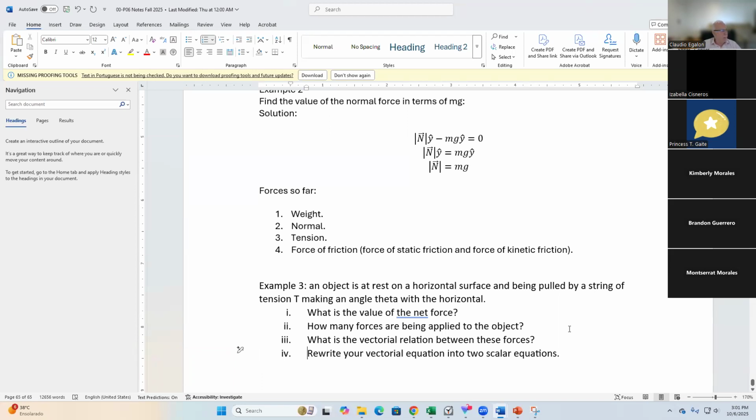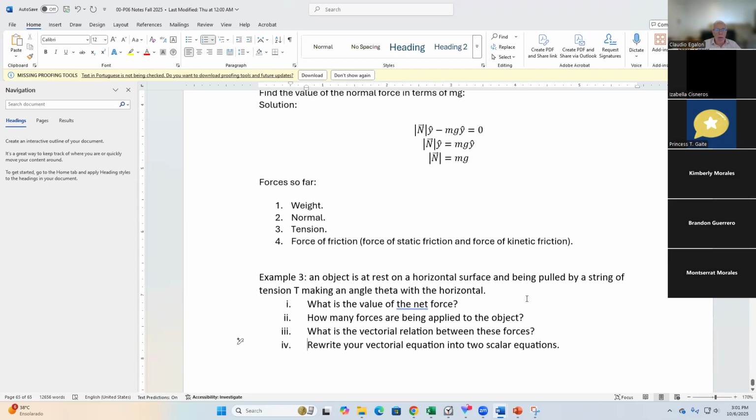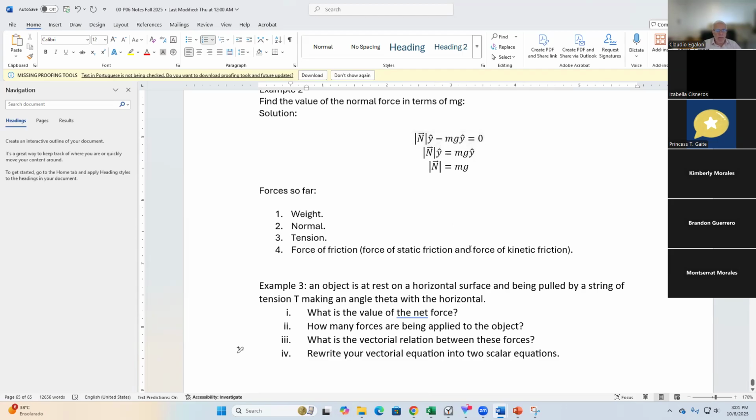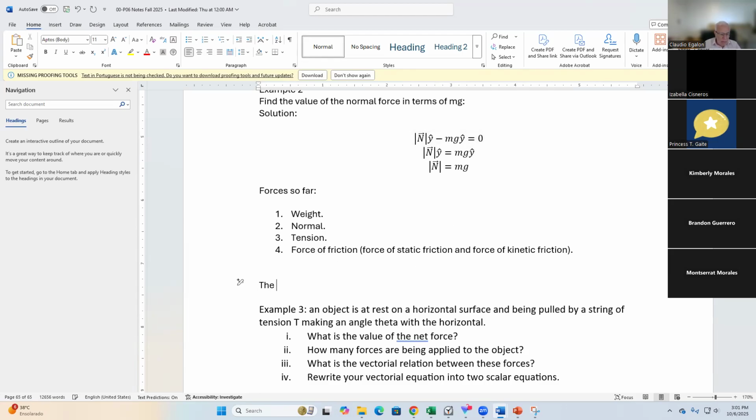That's a more complicated problem now. The first problem, the previous example, is just a one-dimensional problem along the vertical direction.